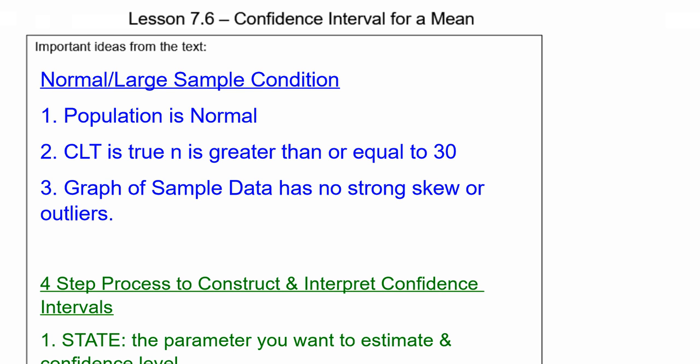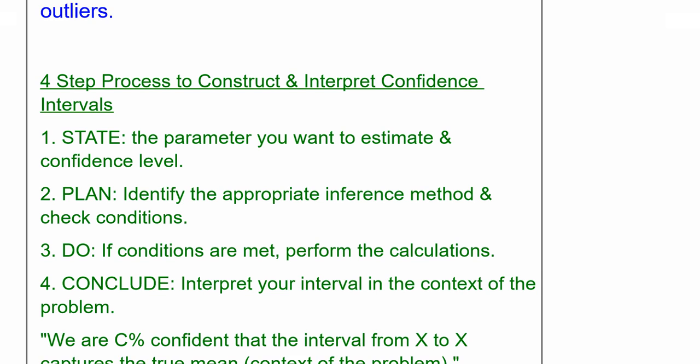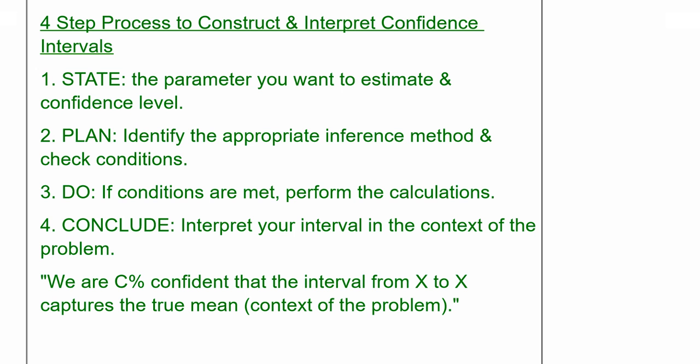Now, your four steps, again, just like we did in your 7.4, you're always stating the parameter you want to estimate and the confidence level. Then you plan, so you're identifying the appropriate inference method and checking your conditions. You're going to do the calculations as long as the conditions are met.